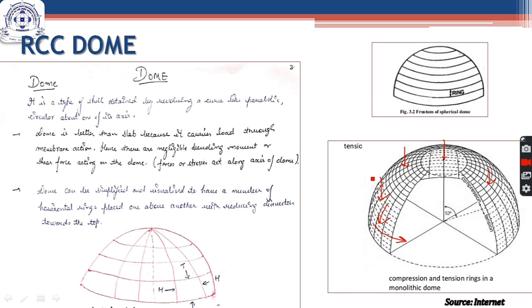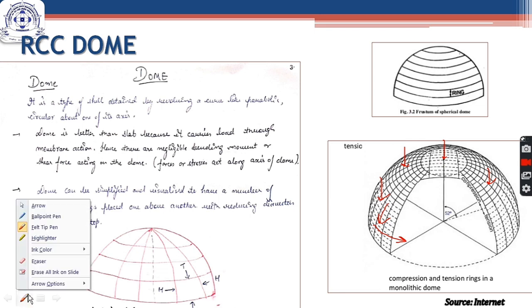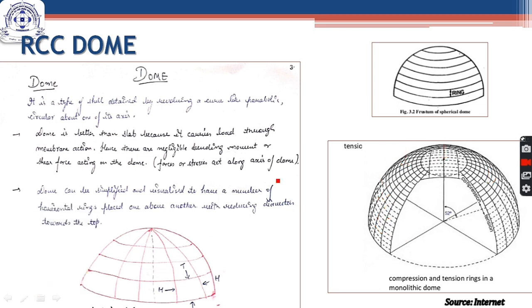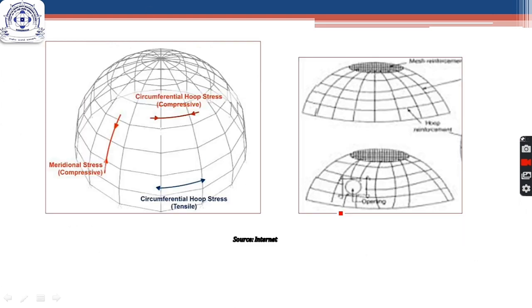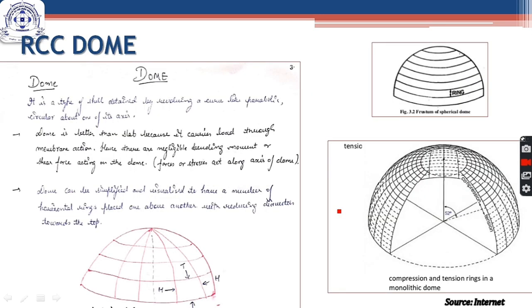Now, before designing the dome, we need to know the analysis of the dome. As we know, there are no bending moments and shear forces acting on this particular dome. So what are the forces acting on the dome? As you studied in the case of trusses, there is no bending moment acting on the truss.